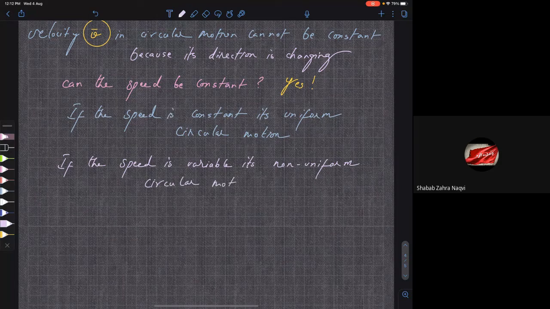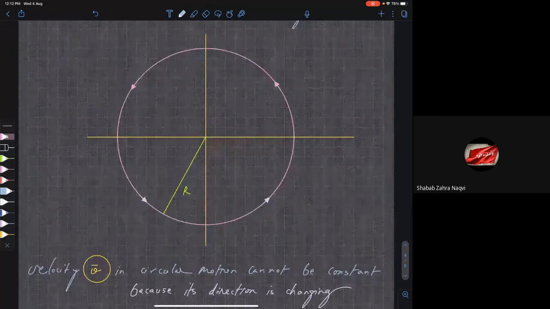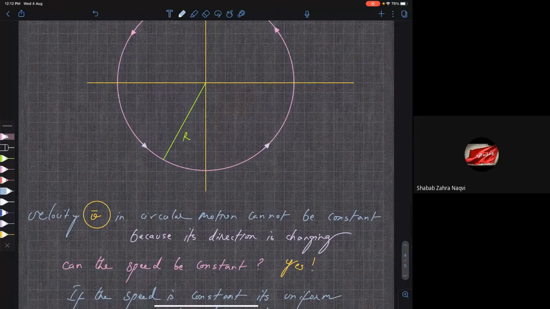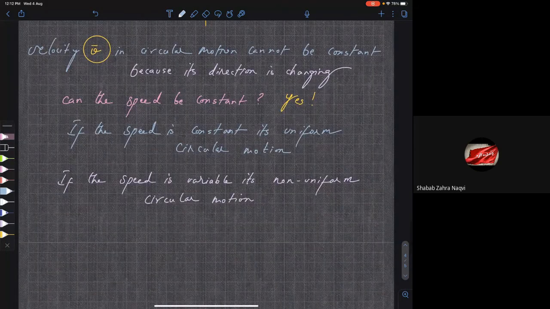So are you understanding one thing here? Last time uniform and non-uniform was defined based on acceleration, but here uniform and non-uniform is defined based on speed. Clear? So that is the big difference you have to remember in the definition of uniform circular motion, non-uniform circular motion, and uniform motion and non-uniform motion.